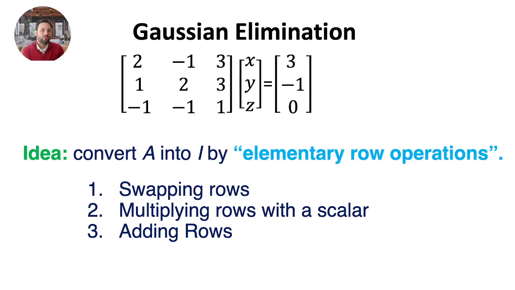So we will do only one of these three operations. We are allowed to swap the rows, it's easy, and we are allowed to multiply rows with a scalar, and we can add rows. So these are the three things, and we're going to do this to obtain the nice form that's going to let us solve the system.